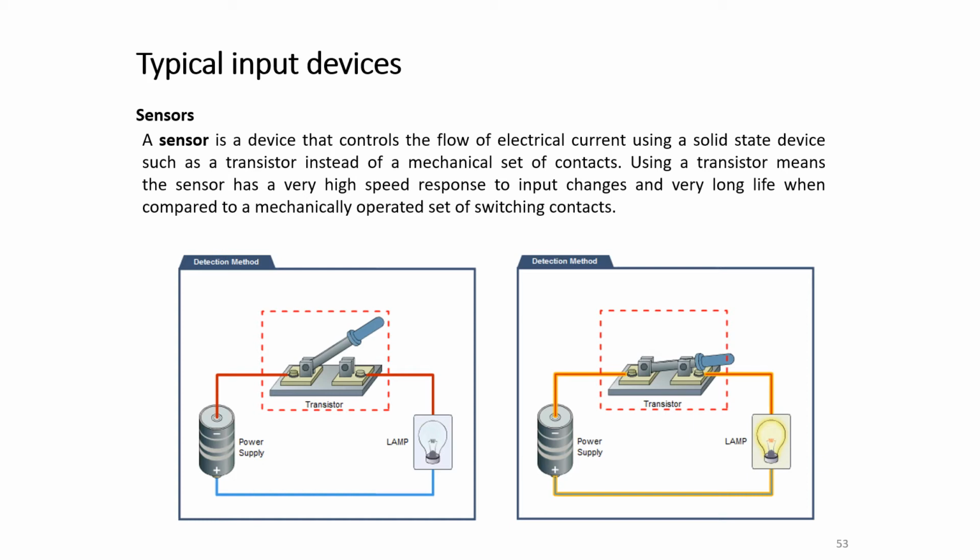Okay, so opposite of operation switches and detection switches, which get activated by a mechanical force, here in sensors we have a transistor, and the sensor closes the circuit based on different types of inputs, let's say sound or light.